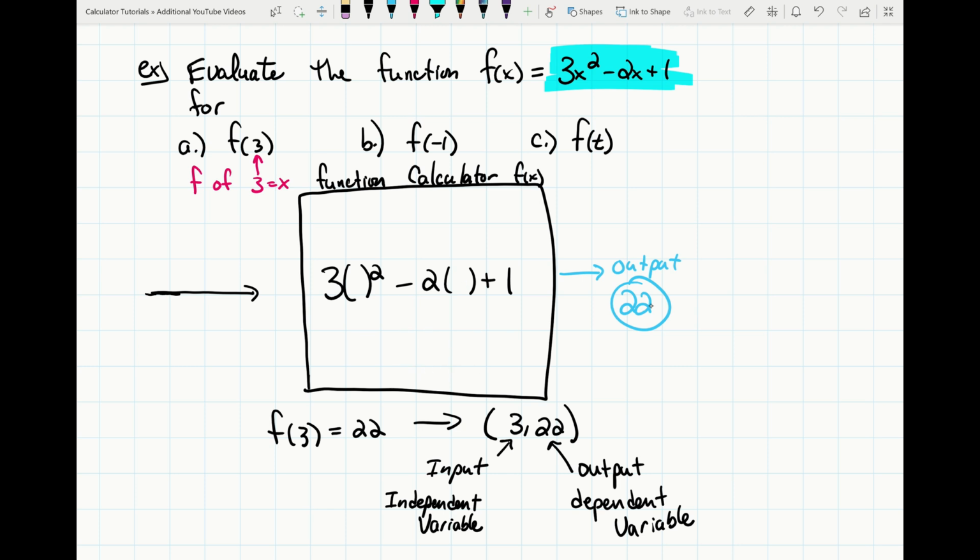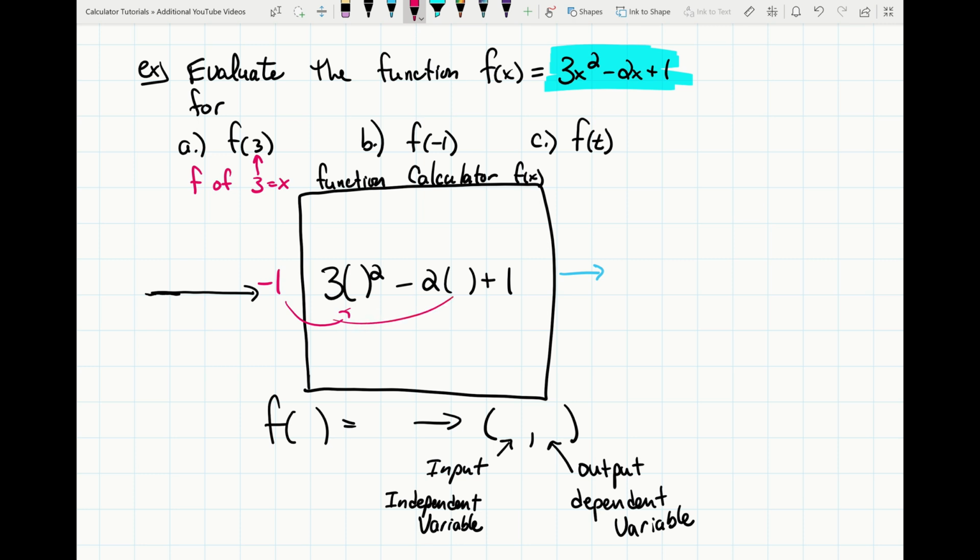So I'm just going to erase everything here. We'll put a little comma there. All right. So f of negative 1. So put negative 1 into the calculator. It's going to substitute it in for us.